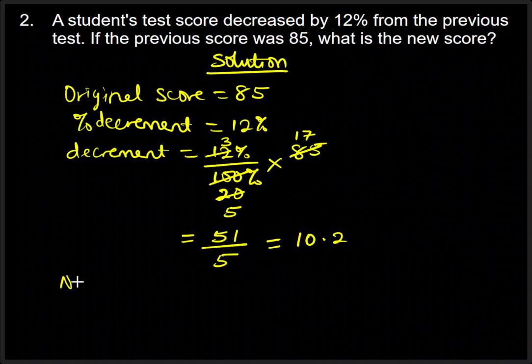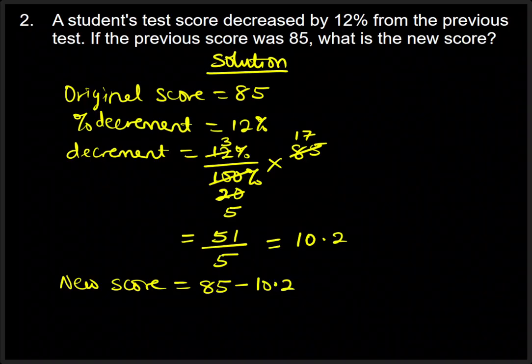So the new score will be equal to 85 minus 10.2. 85 minus 10.2, and that will be equal to, let's see, 85.0 minus 10.2.